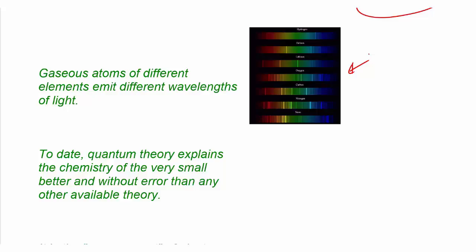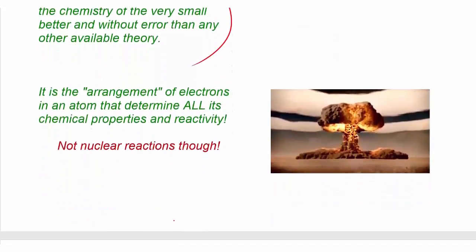So to date, quantum theory explains the chemistry of the very small better than anything else that we have. So today we're going to talk about the arrangement of the electrons. We're going to call it electron configuration. And it's this arrangement of the electrons that determines all the properties of an atom.